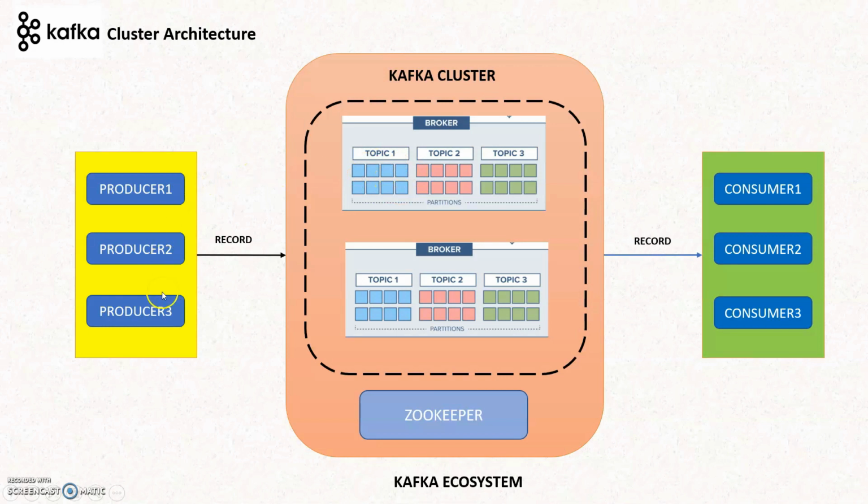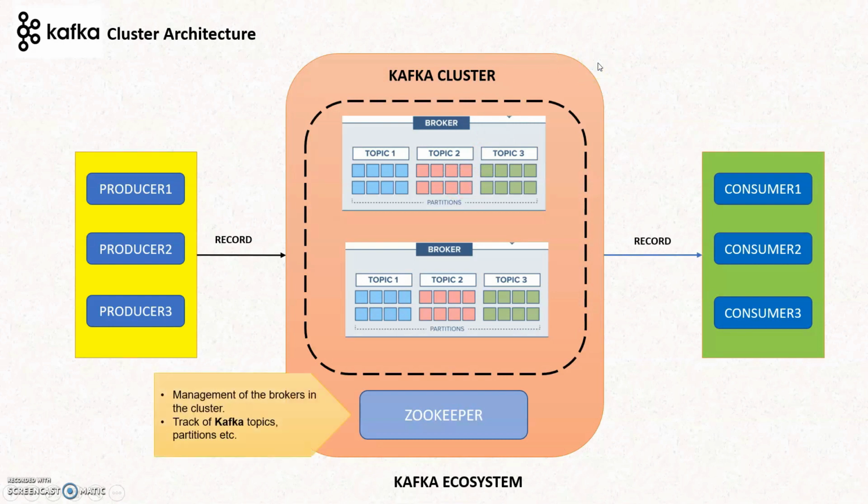When the producer produces a record or data, it hits with the help of the producer API, and the data gets stored onto the particular partitions of a topic. In this way the data will be stored in the topic.